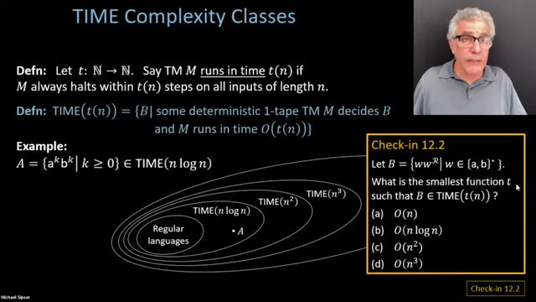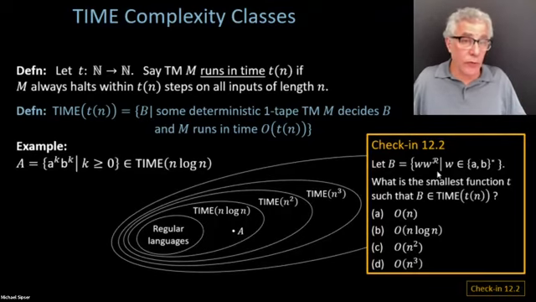The correct answer is in fact order n squared. A reasonable guess here would be order n log n. You can come up with the same procedure as the one we showed at the beginning. The order n squared procedure for a to the k, b to the k works for WW reverse as well.